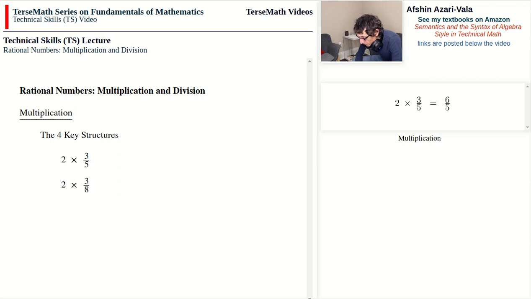The second key structure is similar to the one above. Again, we have 3 pieces. This time each one is an eighth, and we want to double the number of pieces, or double the total amount that we have. And of course we could do what we did with 2 times 3/5.